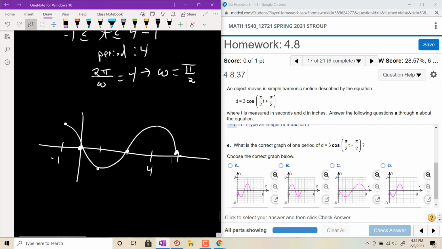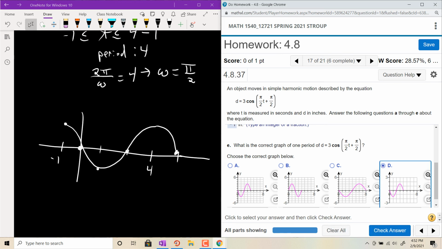So find the one that goes back down at 5. Make sure you get the amplitude to be 3. 1, 2, 3. 1, 2, 3, 4. Nope. That's definitely not it. That's not it either. By process of elimination, this has to be it.